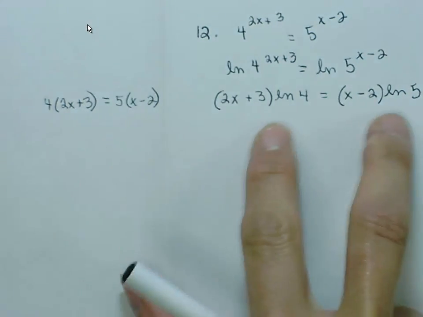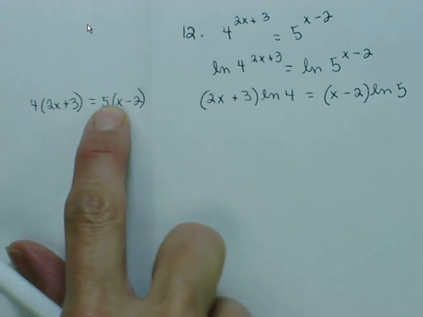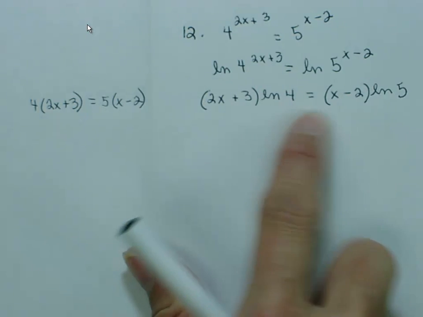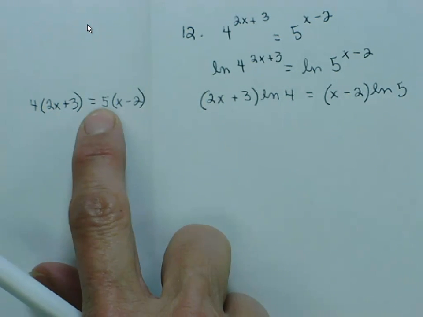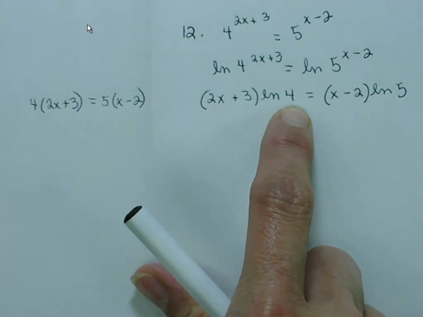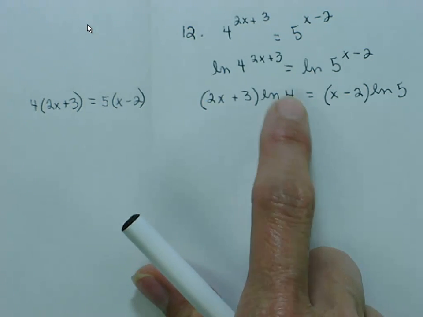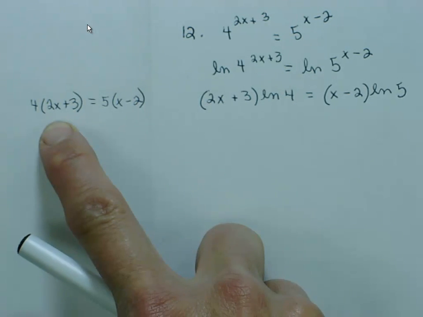I am not saying throw away the logs. I'm saying however you solve this equation, you solve this equation the same way. 4 is a constant, 5 is a constant, natural log of 4 is a constant. It's 1 point something something. I can distribute it just like I could distribute the 4. So that's the first thing I need to do, distribute.